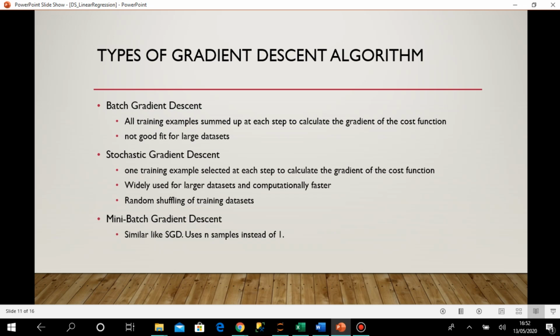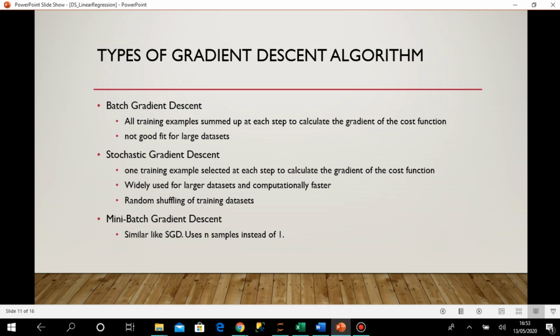There is another gradient descent algorithm, that is mini batch. It kind of exists in between batch and stochastic. In batch, the entire training data set is taken for calculation, and in stochastic gradient descent only one training example at a time is taken. But in mini batch gradient descent, instead of one, n samples are taken, where n is a changeable value. If you take n equal to 1, then it becomes stochastic.